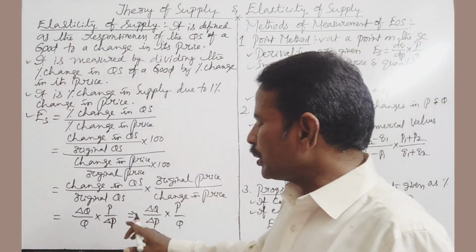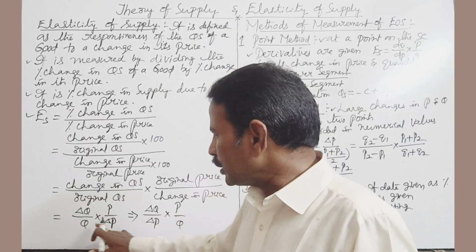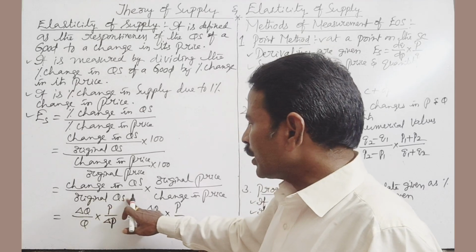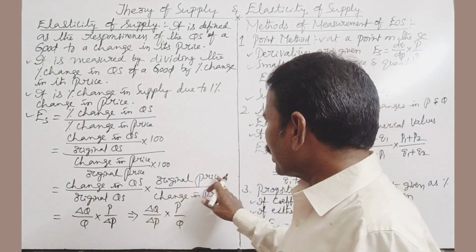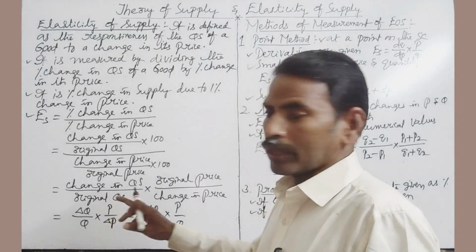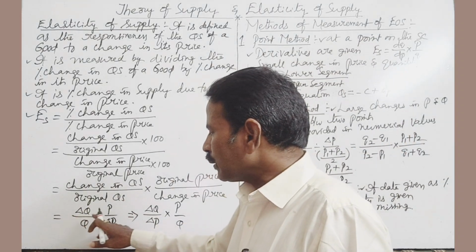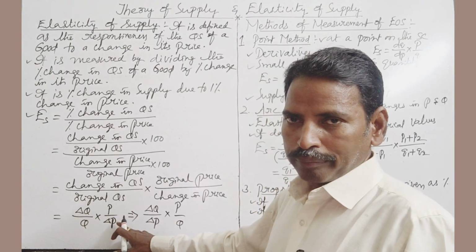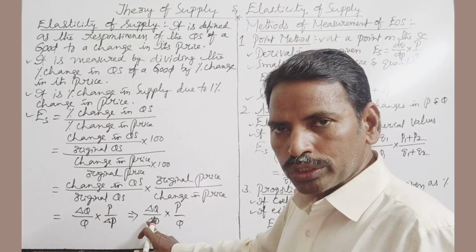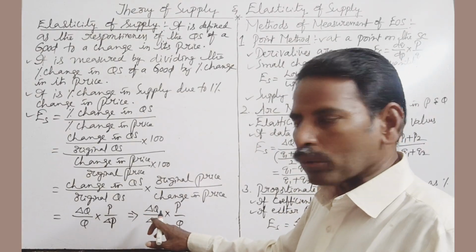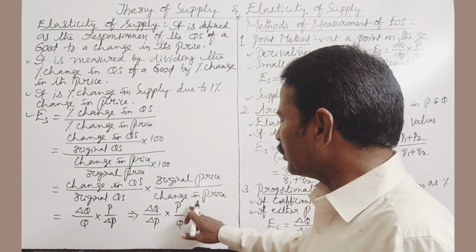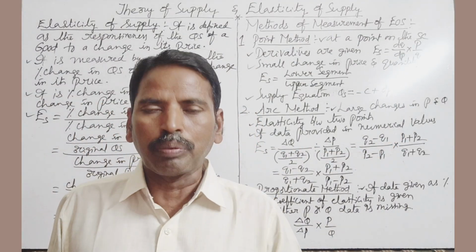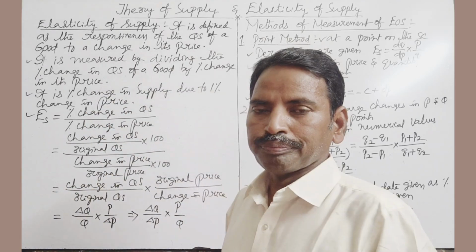So in a mathematical expression, elasticity of supply is equal to change in quantity supply, delta Q, original quantity supply, Q, original price, P, change in price, delta P. Therefore elasticity of supply is equal to delta Q by Q into P by delta P. So if we bring the two deltas to one side, elasticity of supply is equal to delta Q by delta P into P by Q. This is the formula to calculate elasticity of supply according to Alfred Marshall.